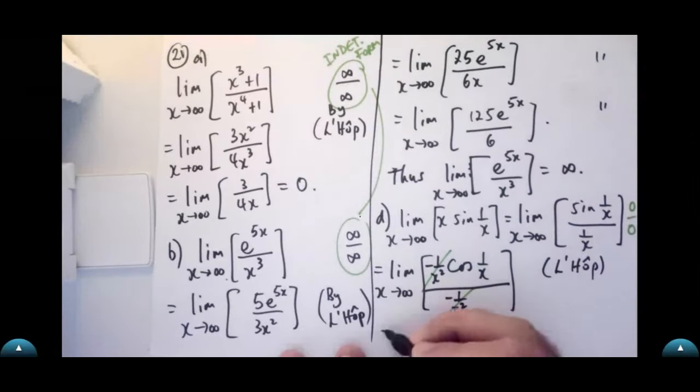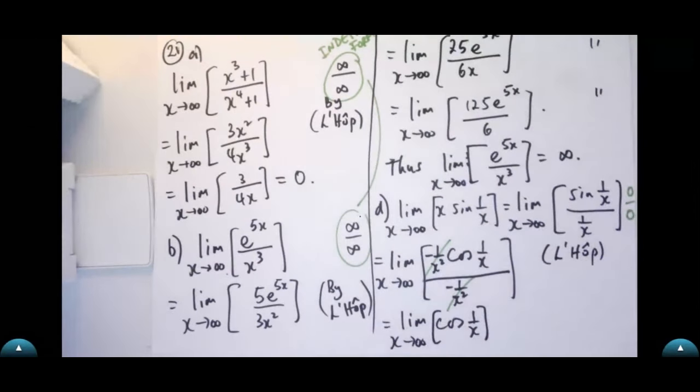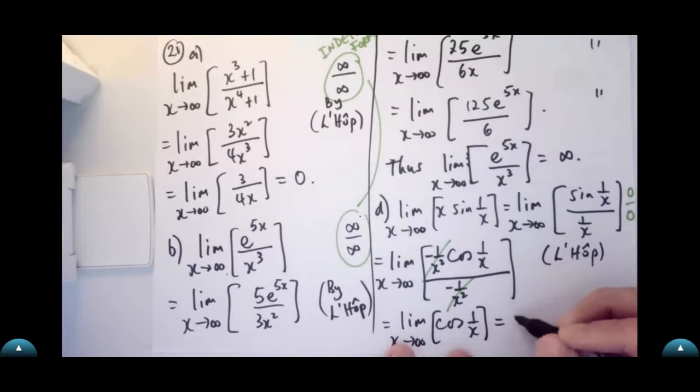So now the question is, what is this limit? Well, we already saw it from the picture, but you can go, well, okay, as x gets large and positive, 1 on x goes towards 0. And what's cos of 0? It's 1.